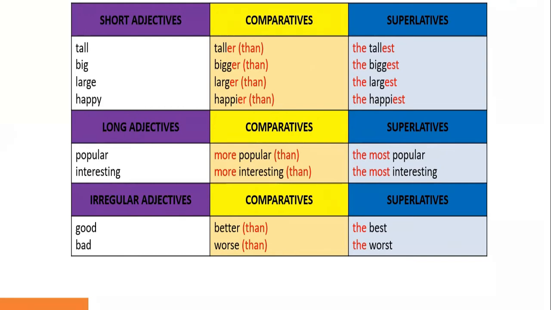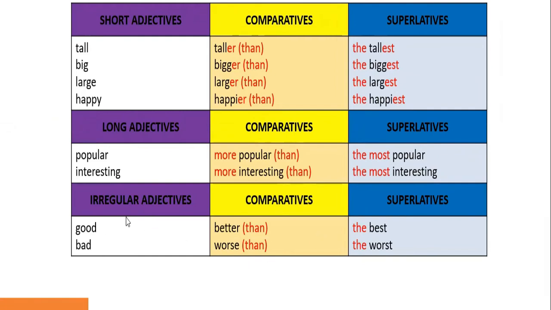The most popular, the most interesting, okay? We don't have to add any group of letters at the end of the word because the word is long. So we are going to write another word, but before that adjective. And don't forget, in the superlatives, we always write the, okay, before the adjective.